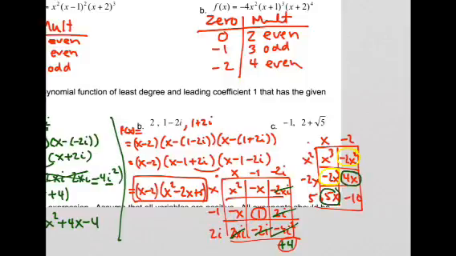Okay, so your final answer is f of x equals x cubed minus 4x squared plus 9x minus 10. Right there.